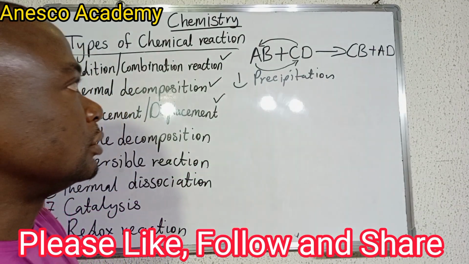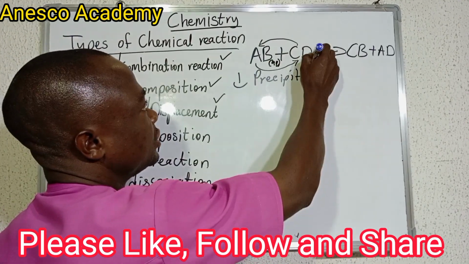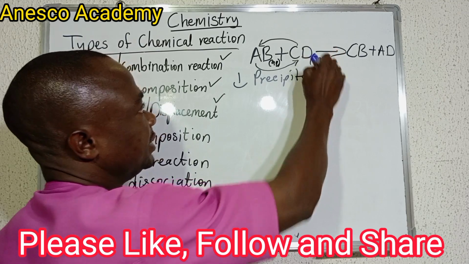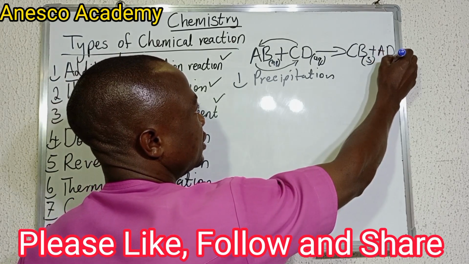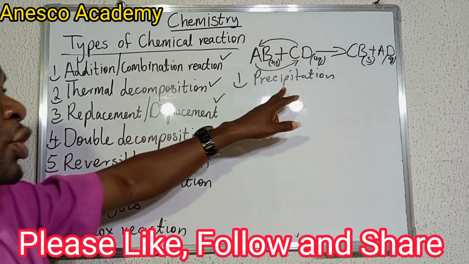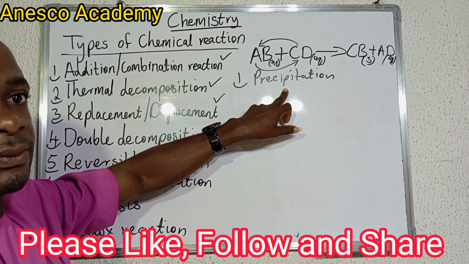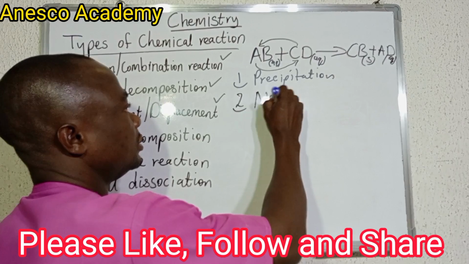And how do we know soluble? If you see something like aqueous, it means that it's in solution form, that is, it is soluble. If one of them is solid and the other one is aqueous, this type of double decomposition is called what? Precipitation.